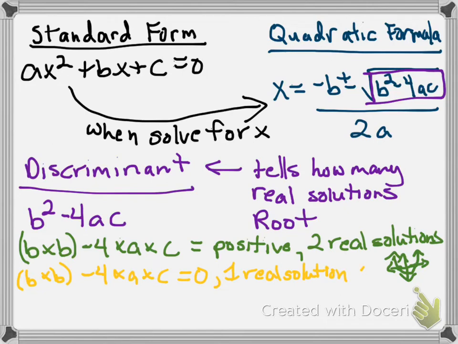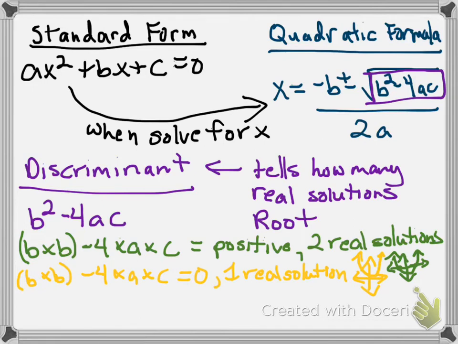Again, I'm out of room over here, so I'm going to try to fit this in. But what this means, and hopefully I can draw it correctly, is that it touches the x-axis in 1 place. Now it doesn't look like it touches it all that well right there, but it will sit on the x-axis.